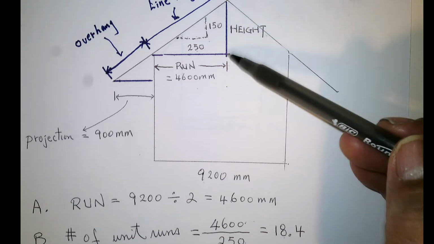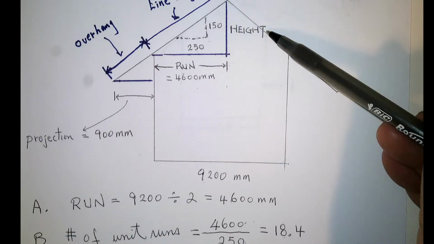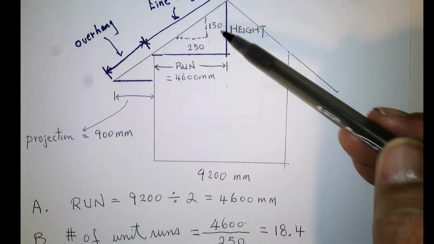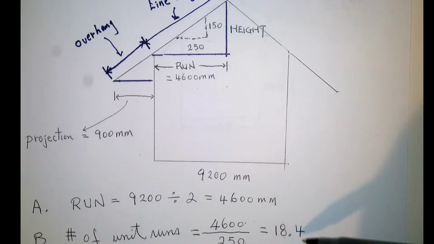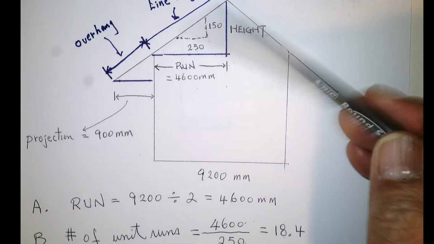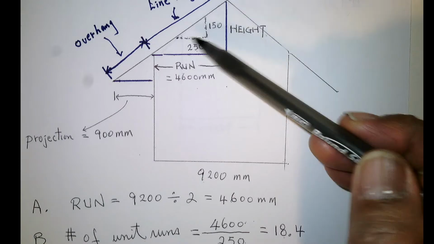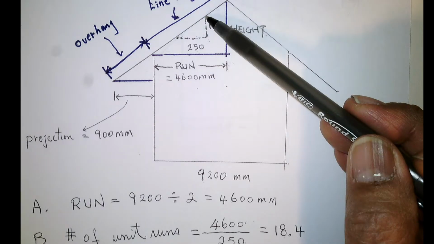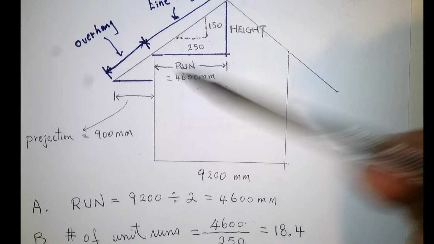So that's why later on, in calculating the height of the roof, you multiply 150 times 18.4. The same thing goes for the line length: I call this the unit hypotenuse, and you multiply it by 18.4.